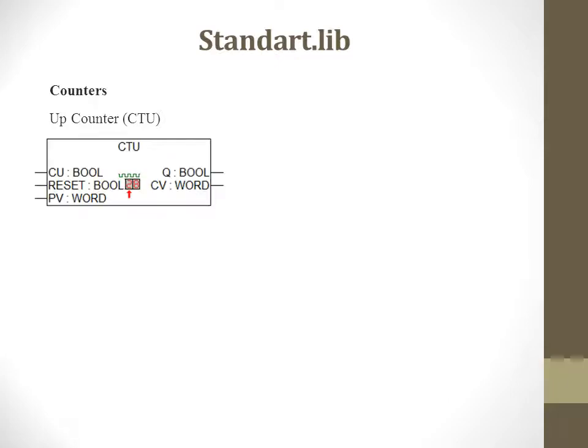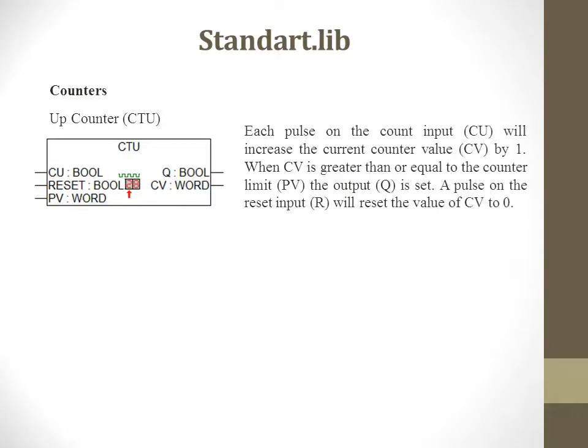Next, the set of standard function blocks is counters. Yes, counters. The first counter we call the up counter. Yes, this is the designation of this block. And what about its functionality?